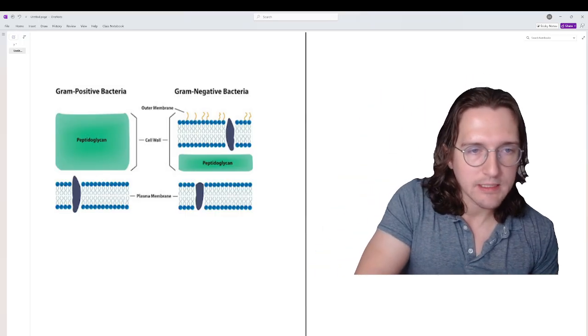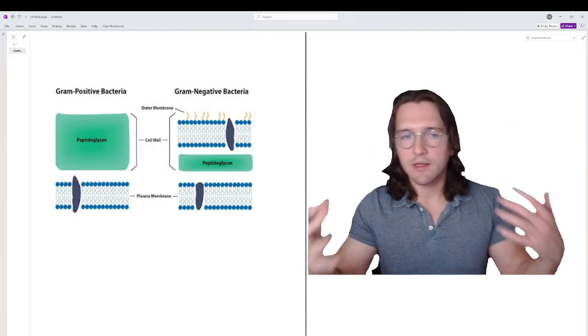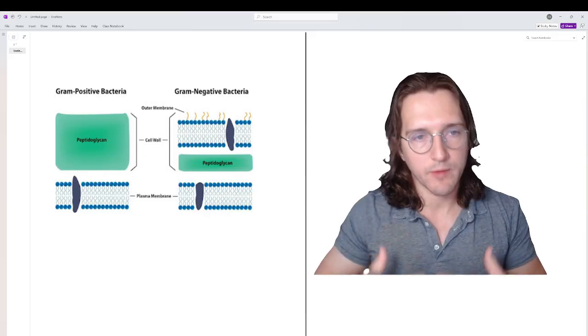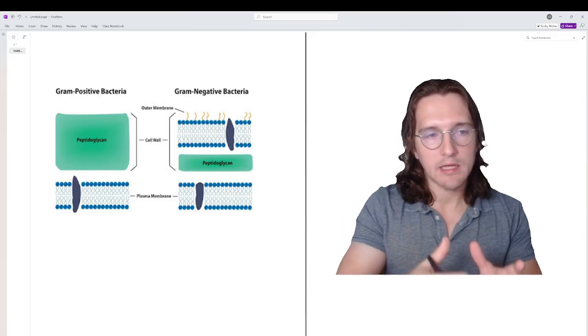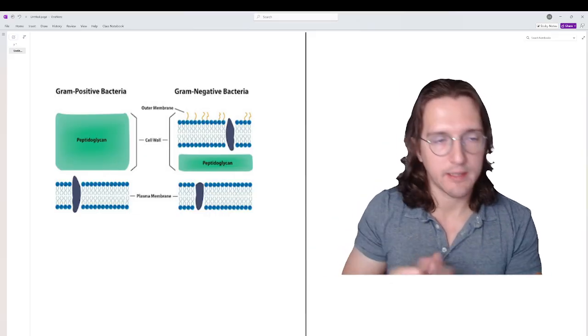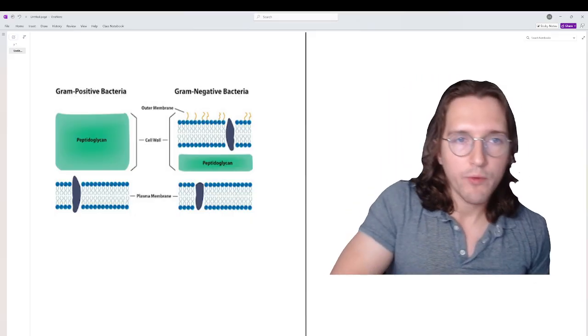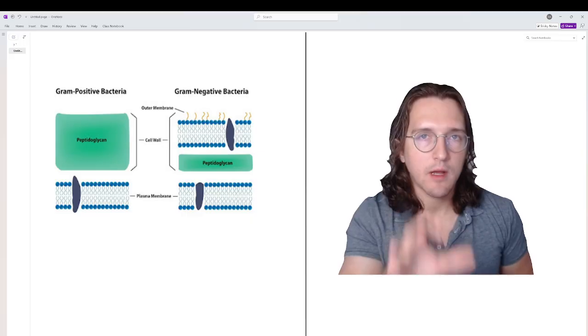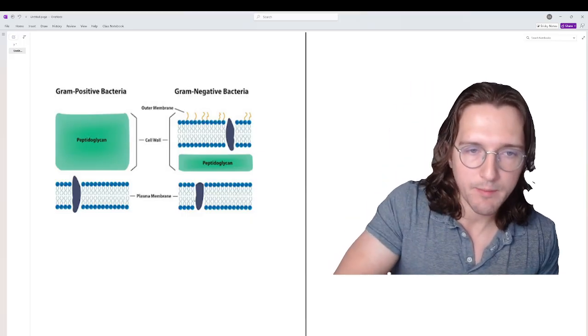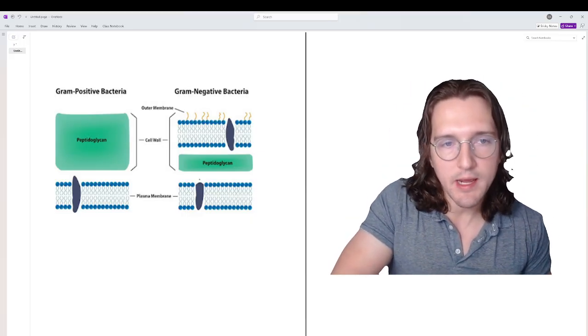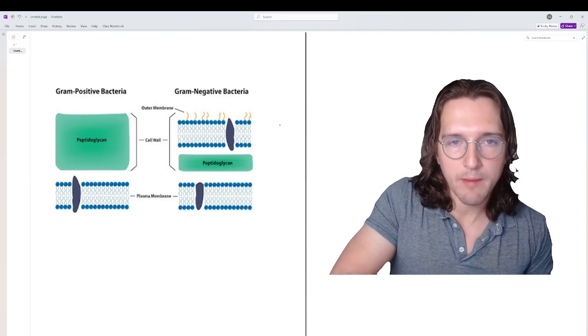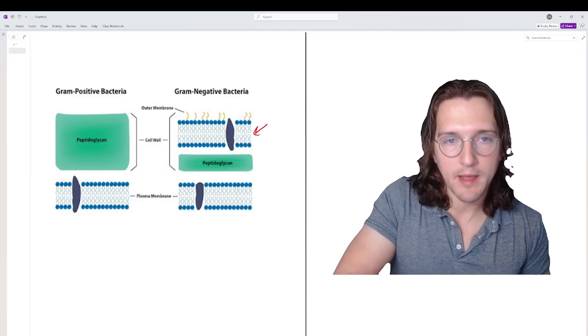And then, of course, it has its plasma membrane, which is really like the plasma membrane of any other organism, like eukaryotic cells, where it has proteins and lipids in it, like phospholipids, okay? But the gram-negative bacteria is a lot more unique because it has the plasma membrane, as always, and then it has this space in between this plasma membrane and the outer membrane.